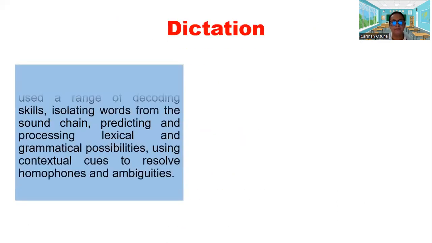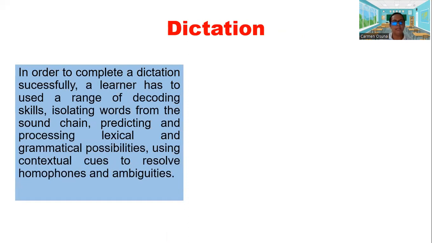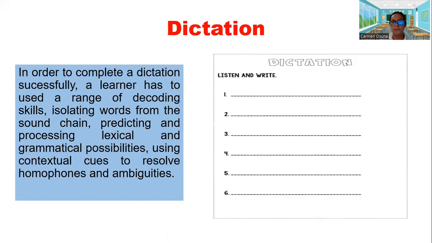Dictation. In order to complete a dictation successfully, a learner has to use a range of decoding skills, isolating words from the sound chain, predicting and processing lexical and grammatical possibilities, using contextual cues to resolve homophones and ambiguities. Dictation, listen and write.